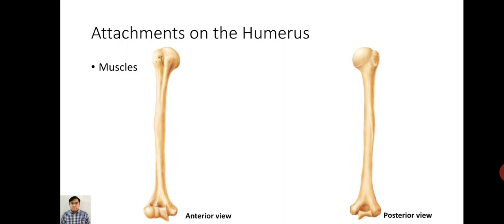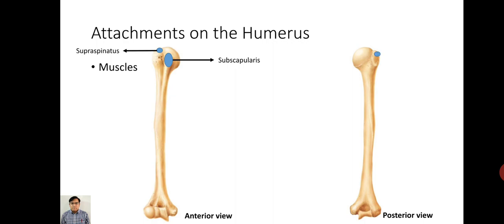Now the attachments on the humerus. Firstly, the muscular attachments. This is the anterior and posterior view of the humerus. On the lesser tubercle there is insertion of the subscapularis muscle. Now coming to the greater tubercle, the upper impression gives insertion to the supraspinatus muscle, this one.